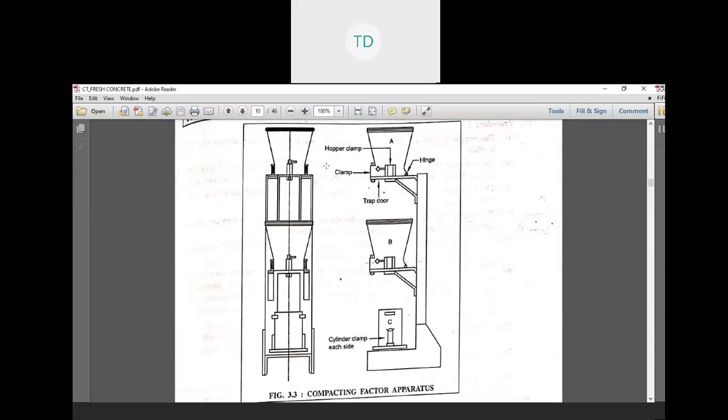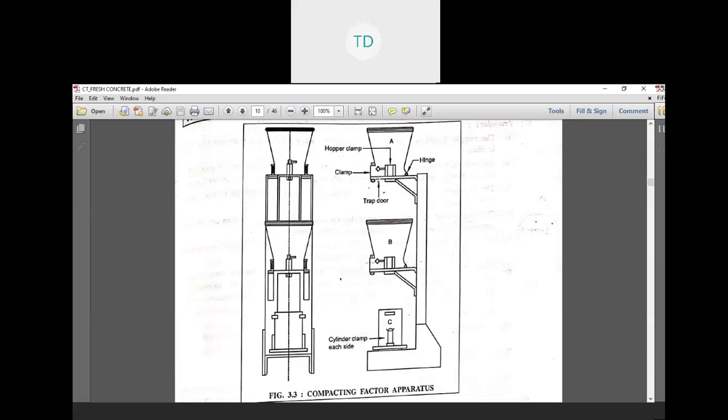The same equipment is available in our lab. Sometimes during a visit, you have seen it in the concrete technology lab.